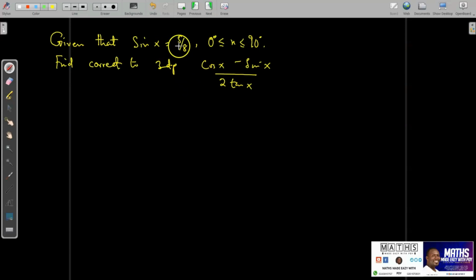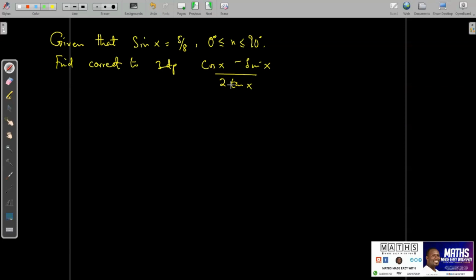Finding the x value by the sine inverse and substituting it leads to so many decimals which you may be tempted to approximate, and the final answer may be slightly different from what the actual answer needs to be.